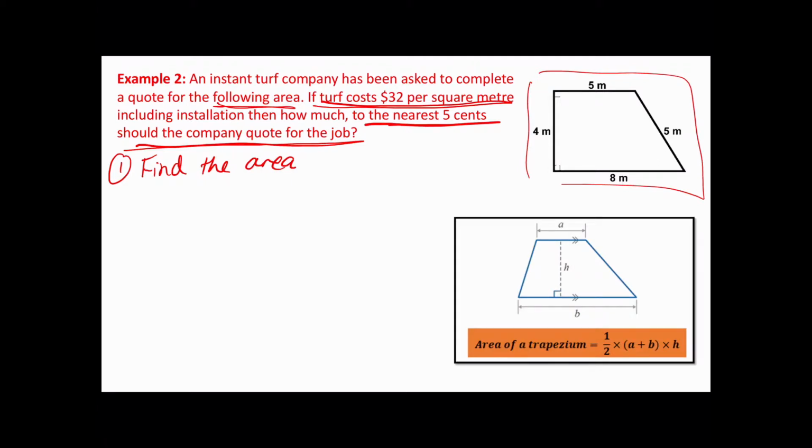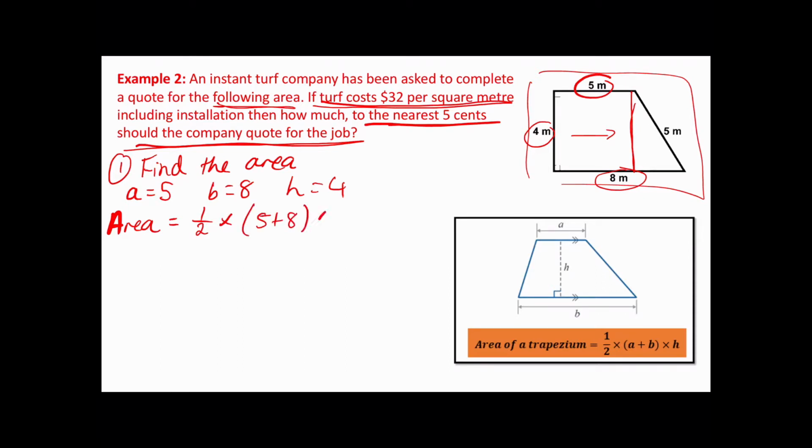And I can see that A is going to be 5 metres, B is going to be 8, and my H is going to be 4. Next, I'm going to substitute those values into the formula. And what my calculator gives me is 26 meters squared.